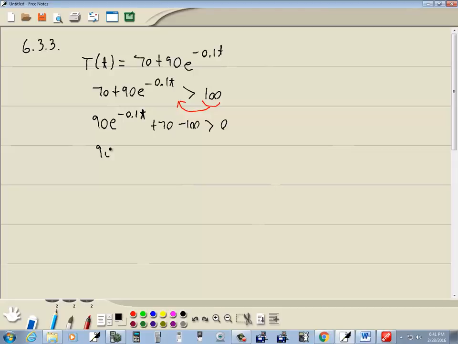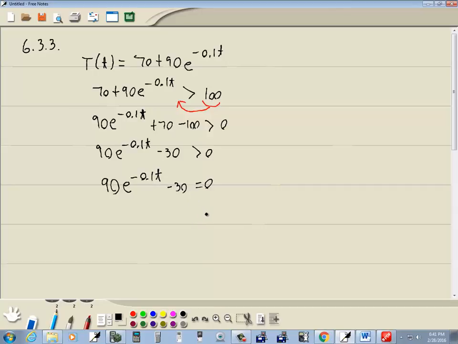So we got 90 e to the negative 0.1 t, and 70 minus 100 is negative 30, so minus 30, greater than 0. Now where it cuts off is where this is equal to 0. So we're going to find out something called a critical value by doing that. I'll set 90 e to the negative 0.1 t minus 30 equal to 0.